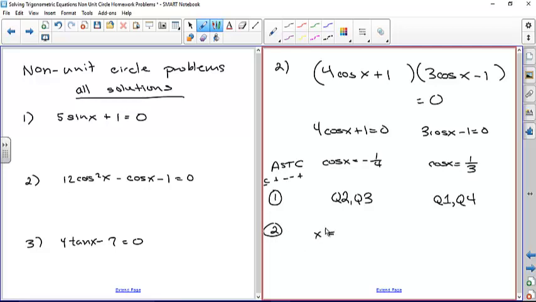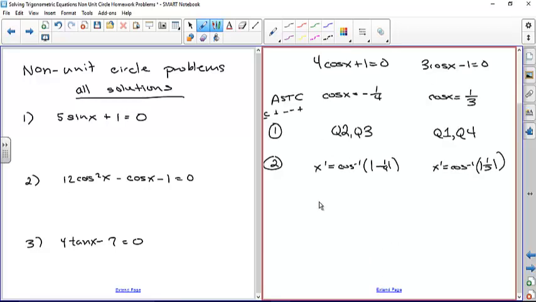So here I'm going to take the inverse cosine of the absolute value of -1/4. Over here I'll take the inverse cosine of the absolute value of 1/3, and I'm just going to give you the answer. You can plug it into your calculator. So you get the inverse cosine of 1/4, and that's 1.318, and I'm going to divide by pi.